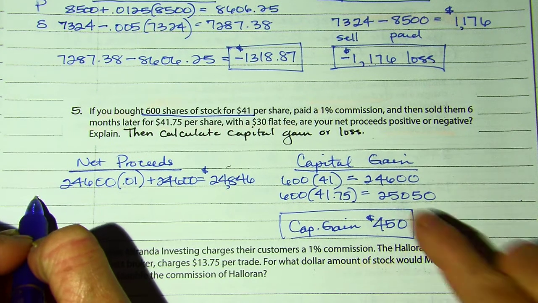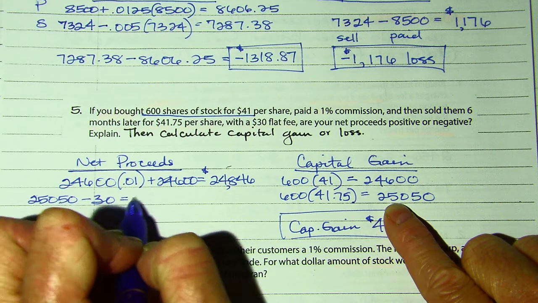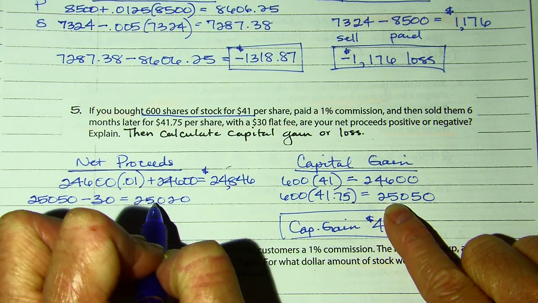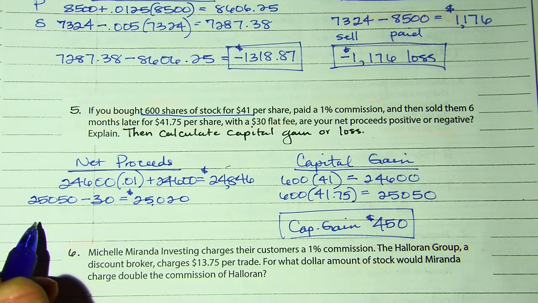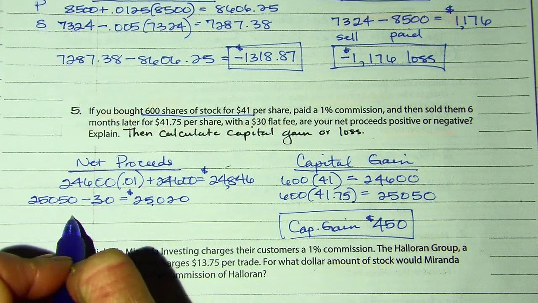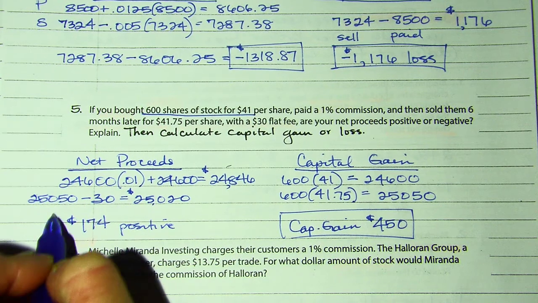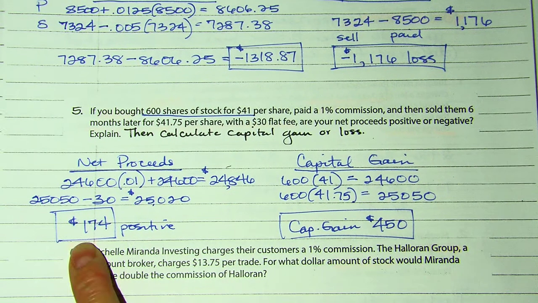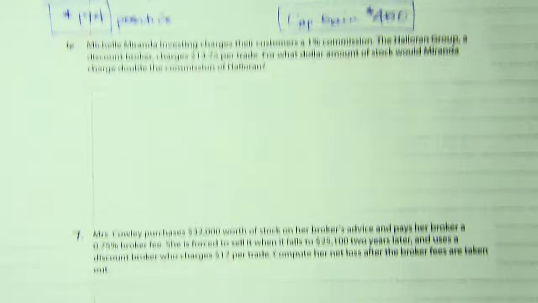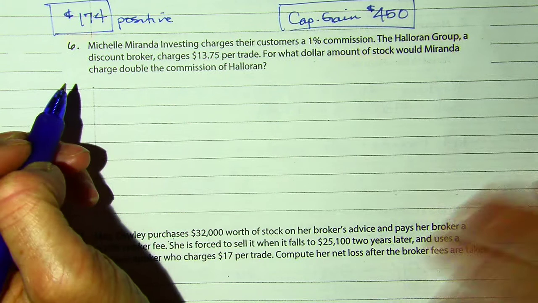When she sold it for $25,050, she paid a flat $30, so $25,020. So her net proceeds are $25,020 minus $24,846. She has a positive net proceeds of $174. So even though it's a difference of this gain, she only made $174 because of what she paid her broker.